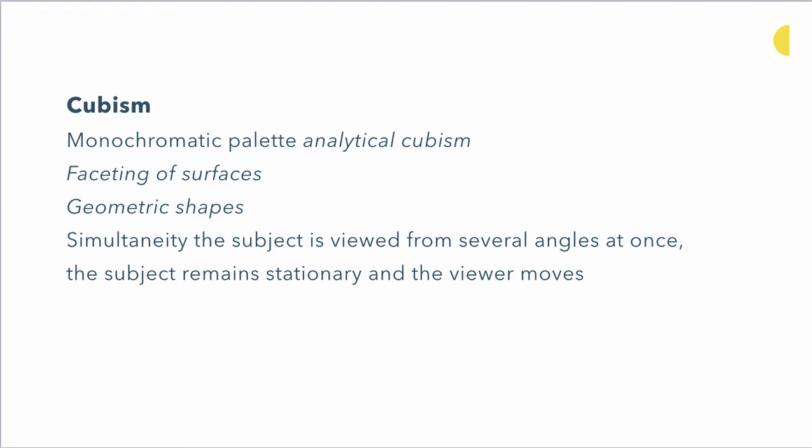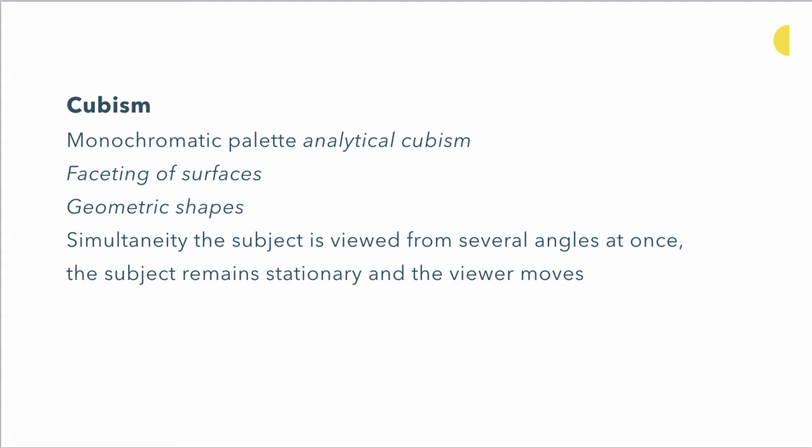They also used geometric shapes and simultaneity. So for example, if they're looking at a subject, they're viewing it from several angles at once. The subject remains stationary and the viewer moves.